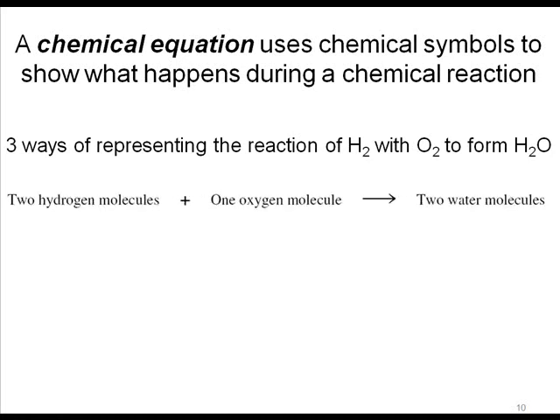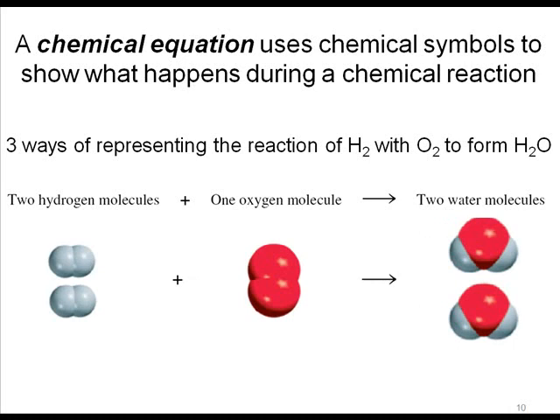One way is to write it out: 2 hydrogen molecules and 1 oxygen molecule, those are the reactants, will produce 2 water molecules. We can use space-filling models. We have the 2 hydrogen gas and then the 1 oxygen gas producing the 2 waters. So you can see we can use words, we can use space-filling models, and we can simply write it out symbolically.